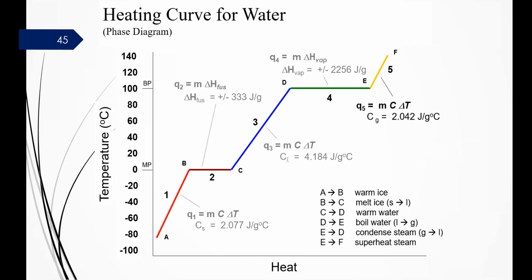It's why when you add ice cubes to your drink, it stays cold for so long. Before the temperature of your drink can change, it first has to melt your ice. So it has to do this whole process for all of your ice cubes before it can do this process. The more ice we have, the longer it takes for that to happen.